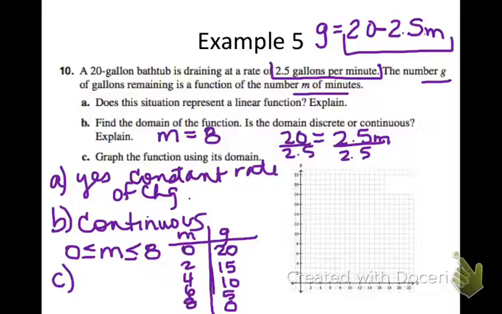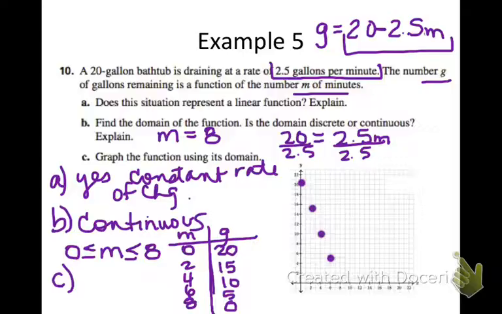So we could graph. It would look something like this. When m is equal to 0, g is equal to 20. When m is equal to 2, it's 15. 4 is 10. 6 is 5.